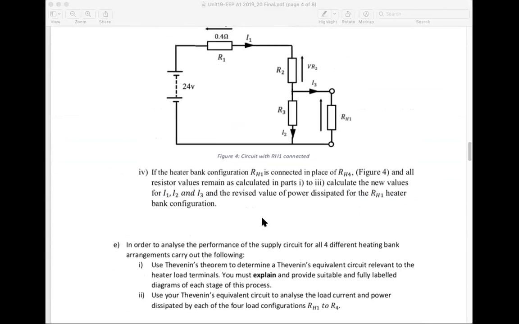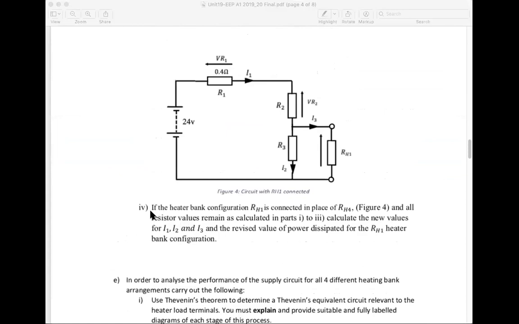In this part, little IV here, we changed from the RH4 heater bank to the RH1, and then all other resistor values remain as calculated in parts 1 and 2. So you keep the 0.4 ohms of R1.